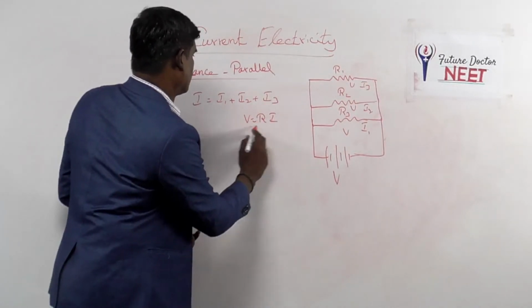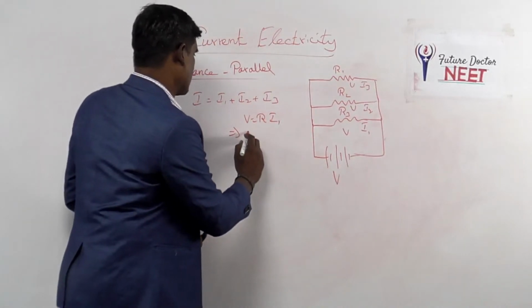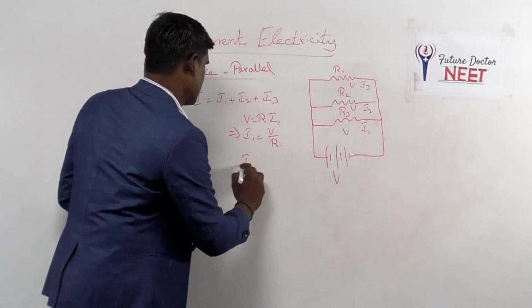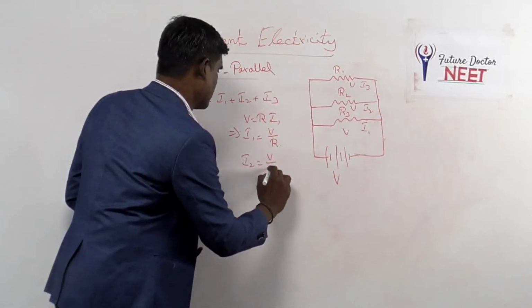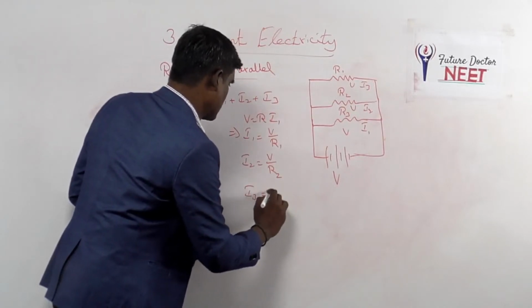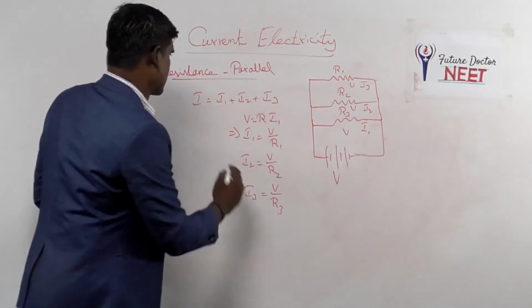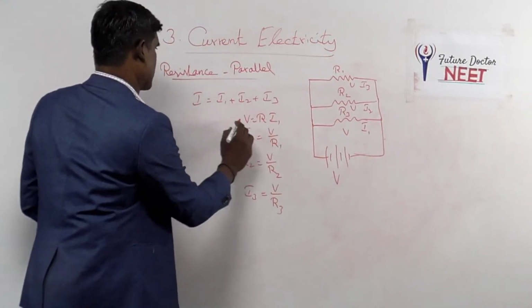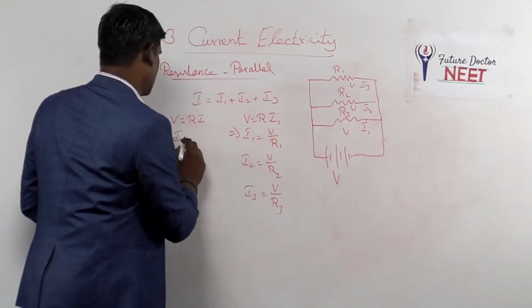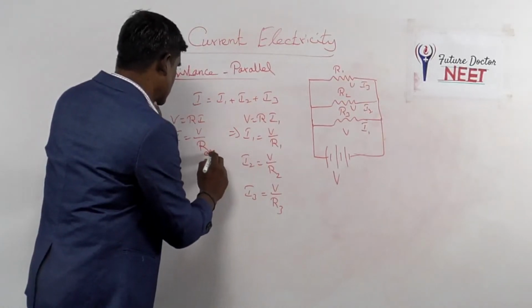And I equals V by R, where R is the R effective.